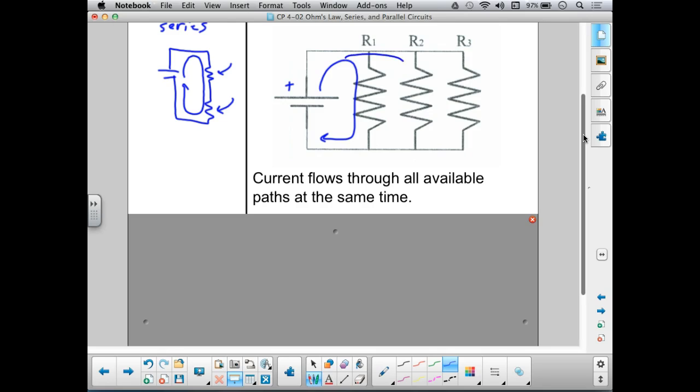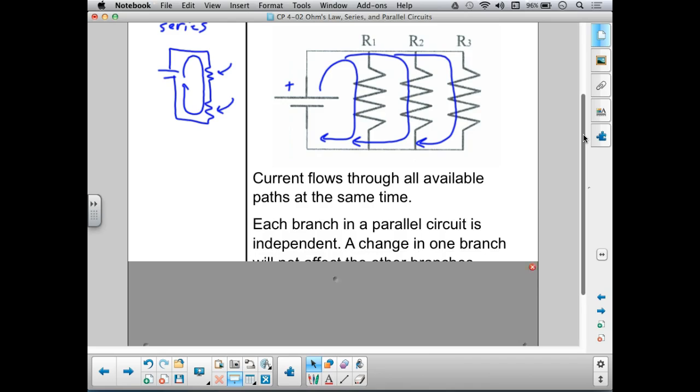Current is also at the same time going to flow through this second loop over here from positive to negative. And current is also going to flow through that third loop from positive to negative, all at the same time. Electric current wants to take any path it possibly can to get from positive to negative. In this case, there are 3 paths available to it. It will take all 3.